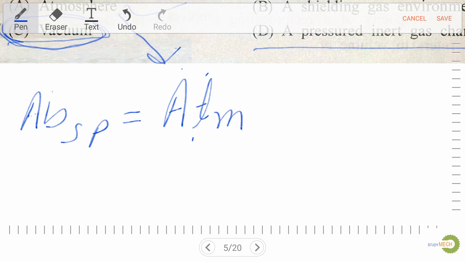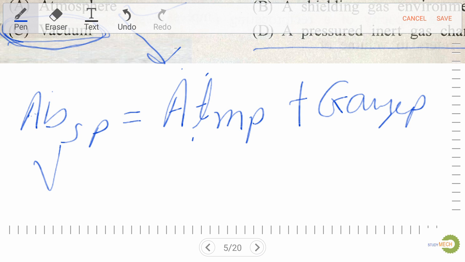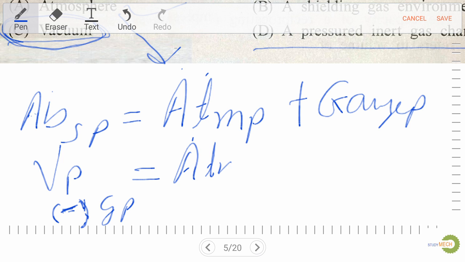And vacuum pressure is also known as negative gauge pressure, and vacuum pressure is equal to atmospheric pressure minus absolute pressure.